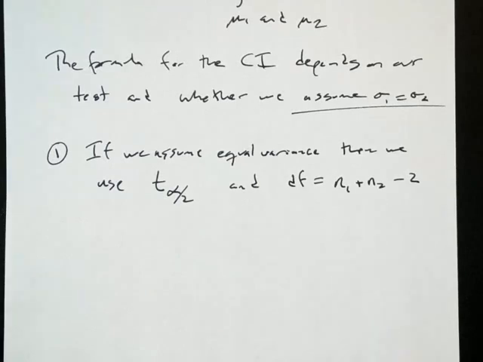So if my variances are equal, I take the t-value with the degrees of freedom, just like we were doing in the last example.